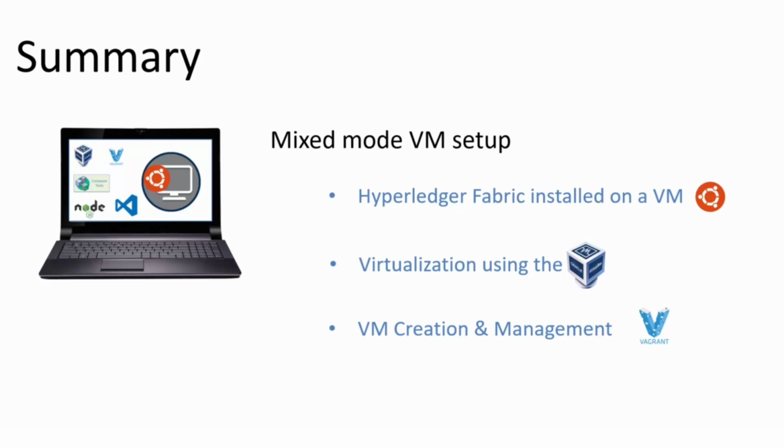All the Composer tools will be installed on the host machine, and they will connect to the Hyperledger environment by way of TCP connections. Good news is that you have already installed the Composer tools on the host. In the next lecture, you will learn how to install the Oracle VirtualBox and Vagrant tool.